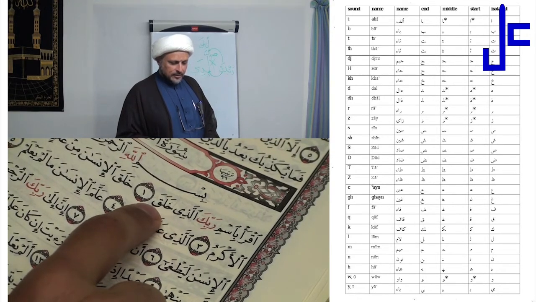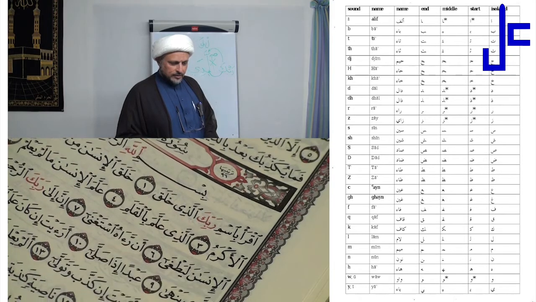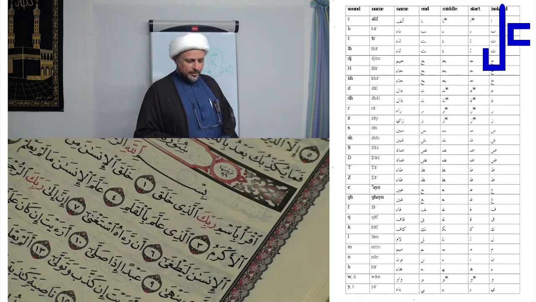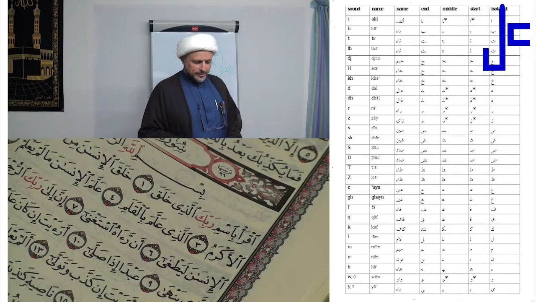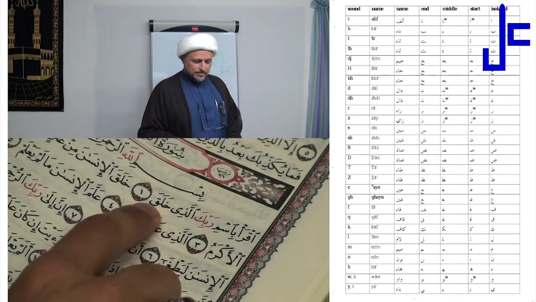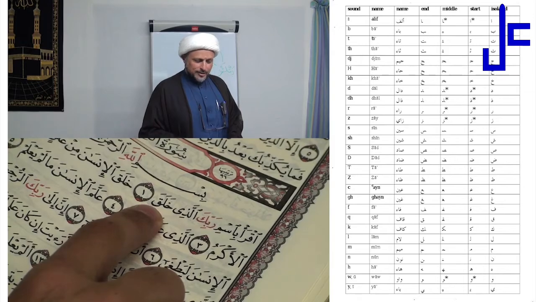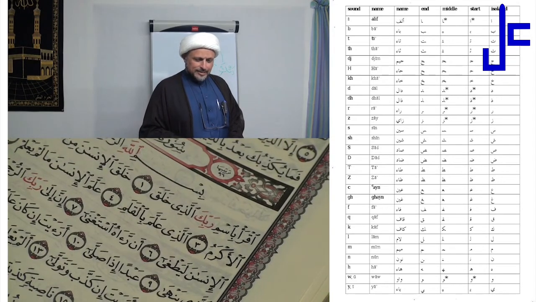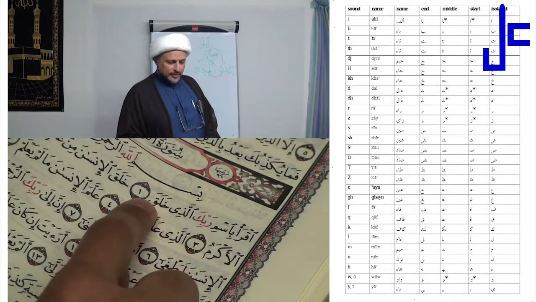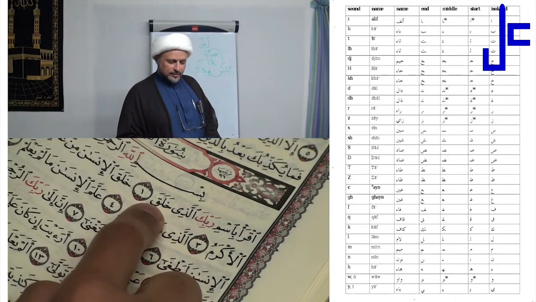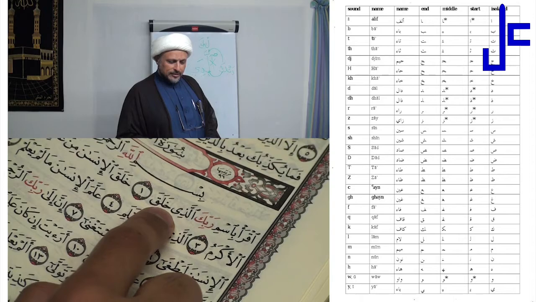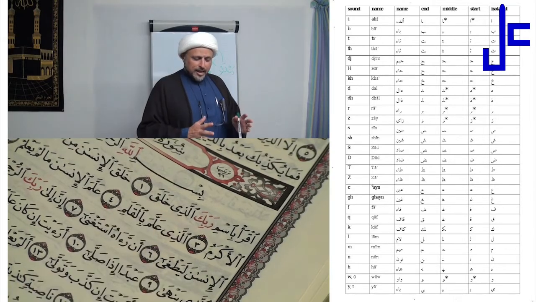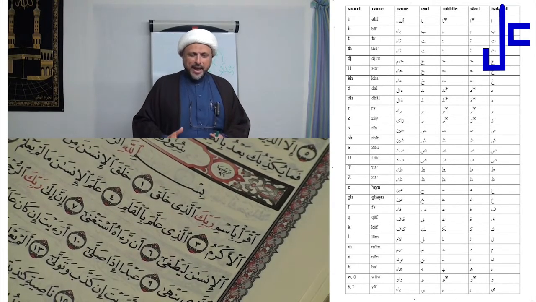And then there's a fa. Maybe? No. No. Look at it. You can take your time. You're learning. It's okay. Qa. Yes. Fantastic. With the fatha. So it's qa. Yes. Khalaqa. Yes.